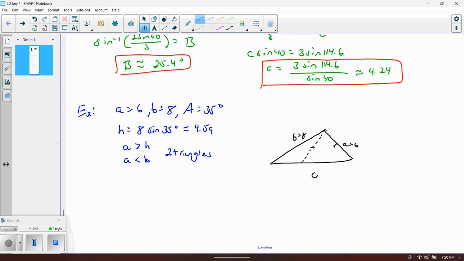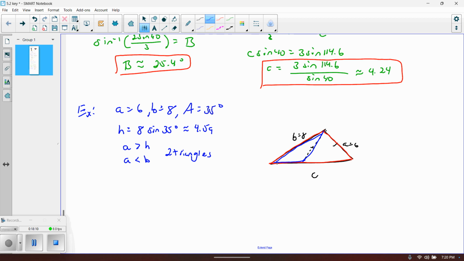So you can see how you would have two triangles out of this. We've got the big triangle, which is this one in red. Or if you were to swing A over, then you would have this little one right here, which would be highlighted in blue.